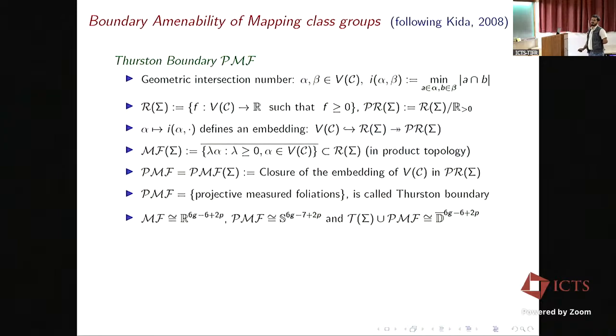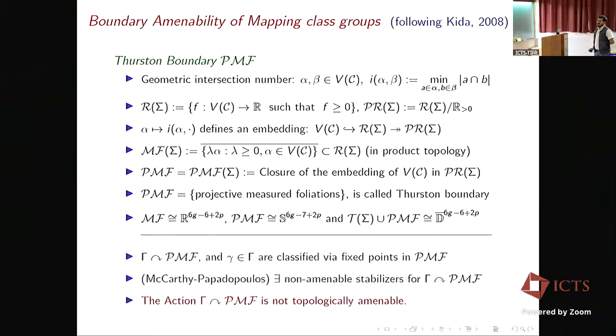Here the most interesting thing to note is that this is a compact space, like the closed unit ball in this dimension. Now, gamma also acts on this space of projective measured foliations, and the elements in gamma are classified via the fixed points they have in the space.